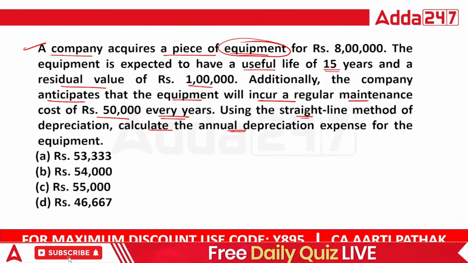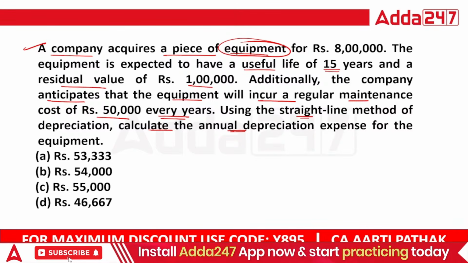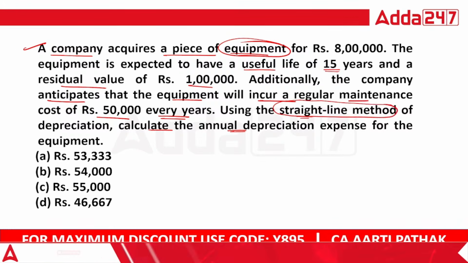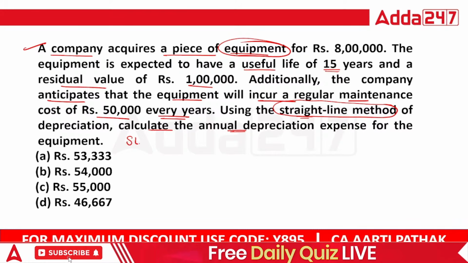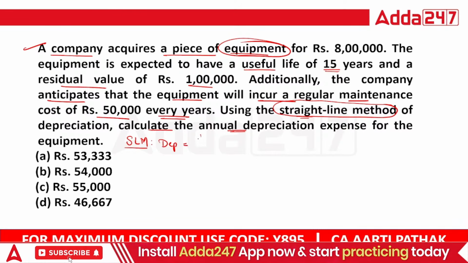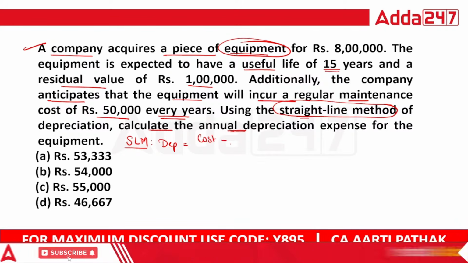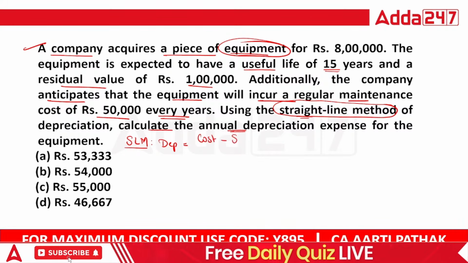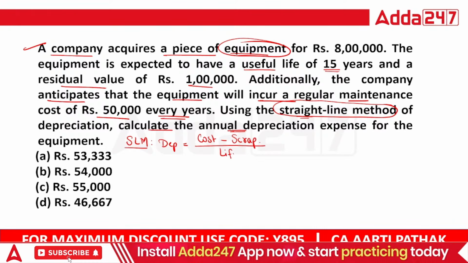Now, here again we need to calculate depreciation, and here clearly they have mentioned to use SLM method. Okay, so what is your SLM method depreciation formula? Depreciation is equal to cost minus scrap value divided by life.